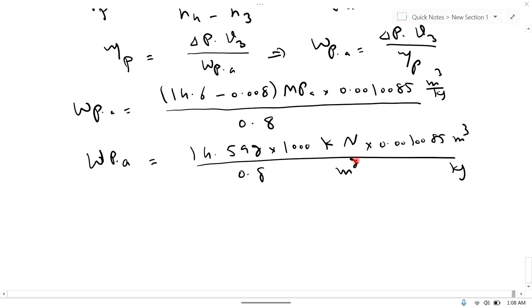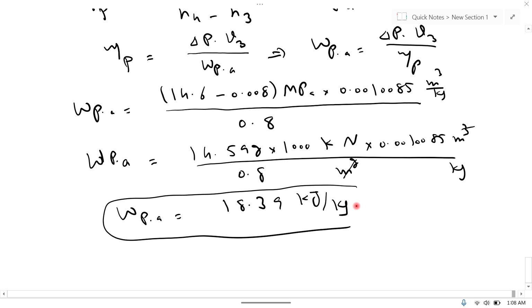So the square meter will be cancelled with the square meter, kilogram remains, and this will be equal to Newton meter, which is joule, and this is kilojoule per kg. So the actual work of the pump, simplifying this value, is equal to 18.39 kilojoule per kilogram. Newton meter is joule, and this is kilogram, and this is kilo. If I simplify these, this is 18.39.